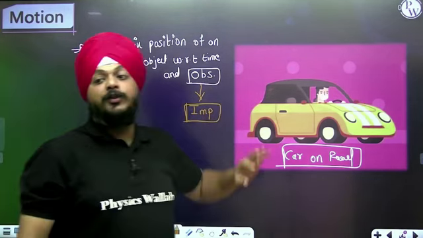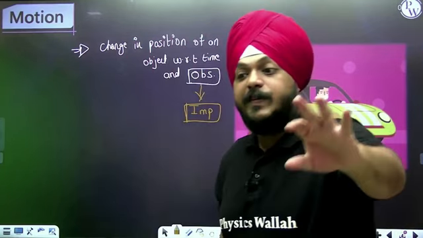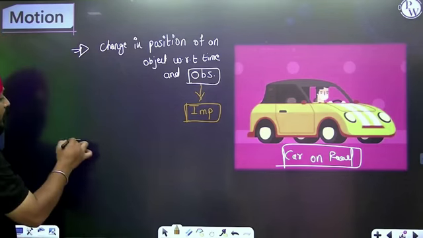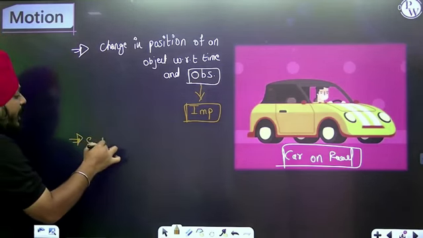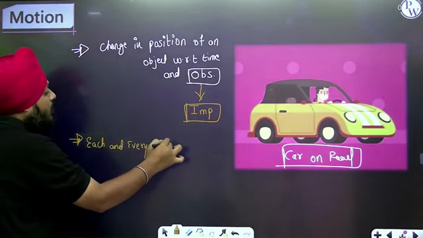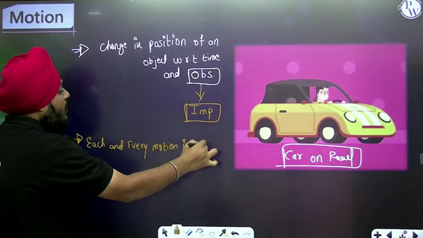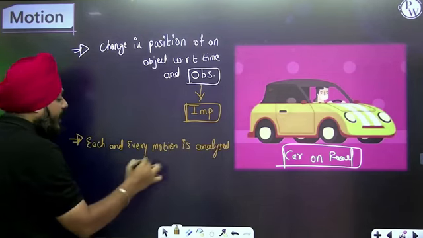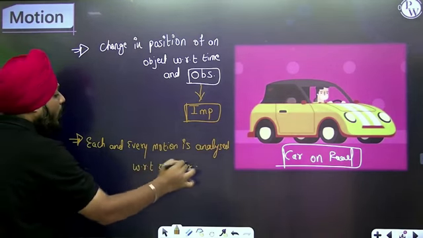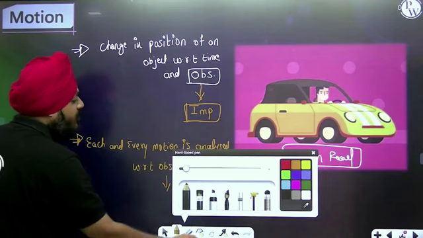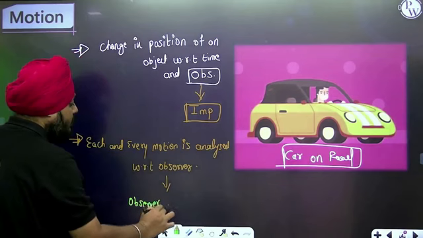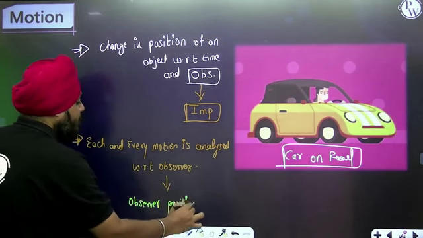Everything is with respect to observer and with respect to time. Each and every motion is analyzed with respect to the observer. If the observer changes, things may get changed.